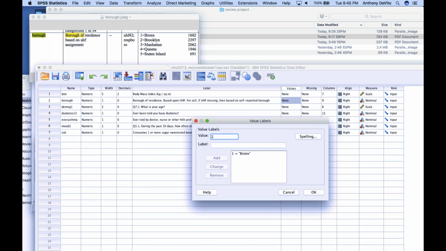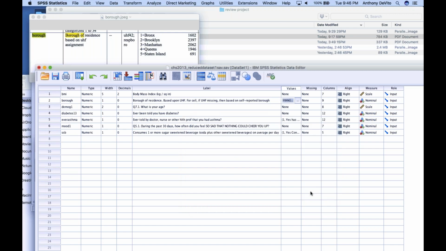Two was Brooklyn. 3 was Manhattan. 4 was Queens. 5 was Staten Island. Okay, so I'm going to say okay to that. So we've coded that variable now.